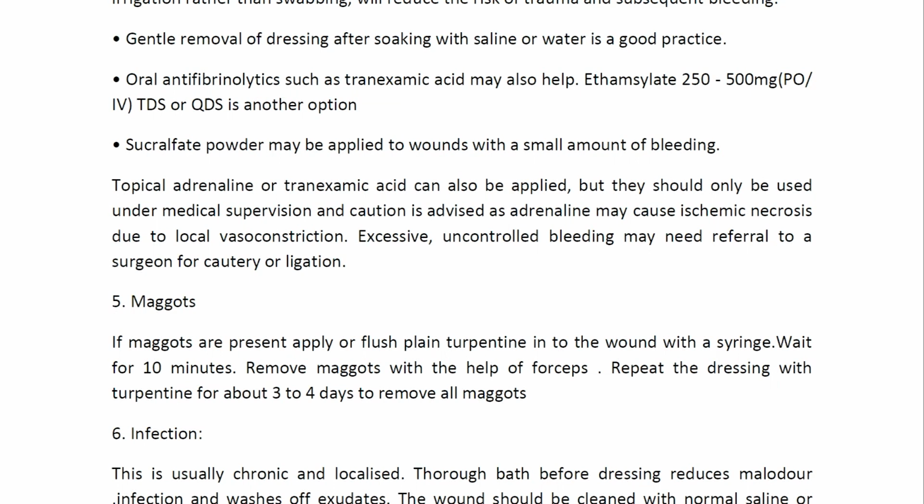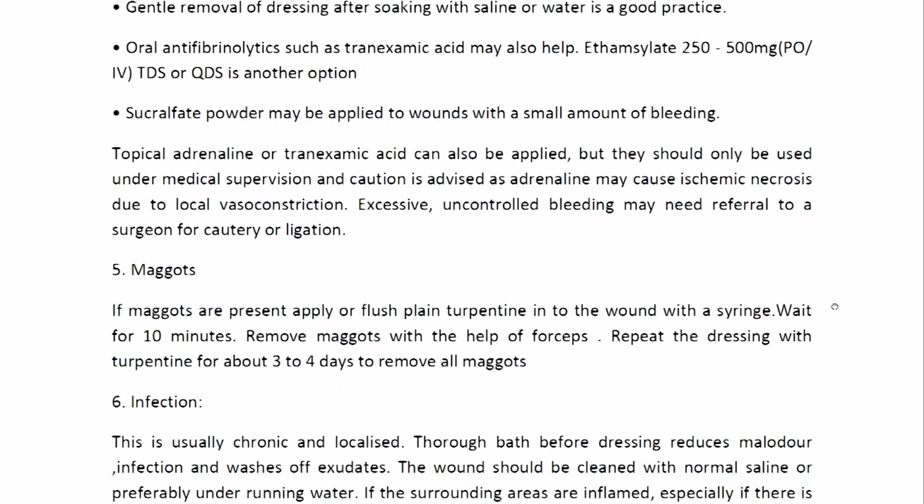Oral antifibrinolytics such as tranexamic acid may also help. Etamsylate 250 mg TDS or QDS is another option. Sucralfate powder may also be applied to wounds with a small amount of bleeding.